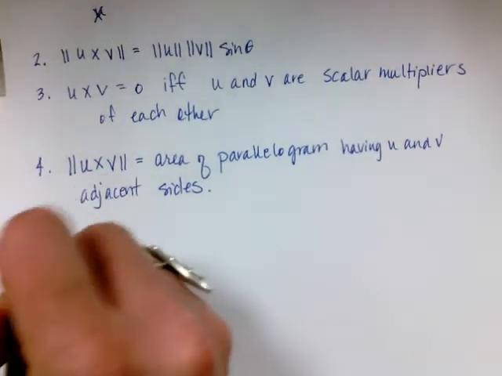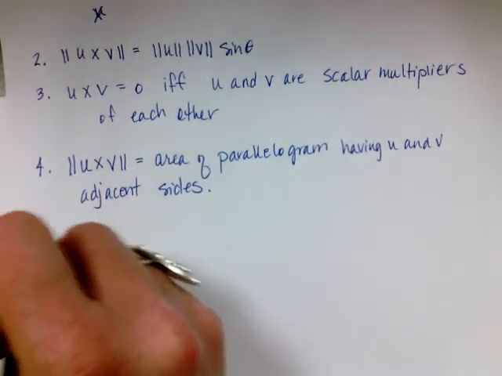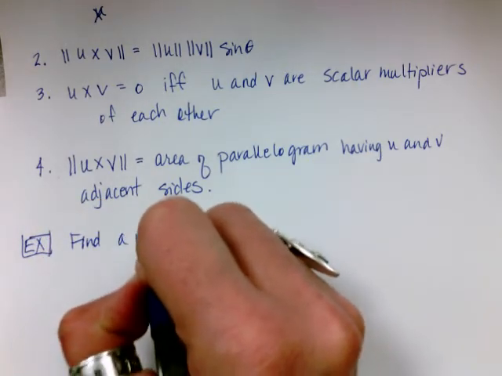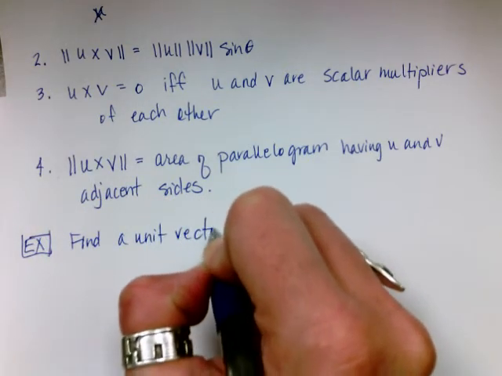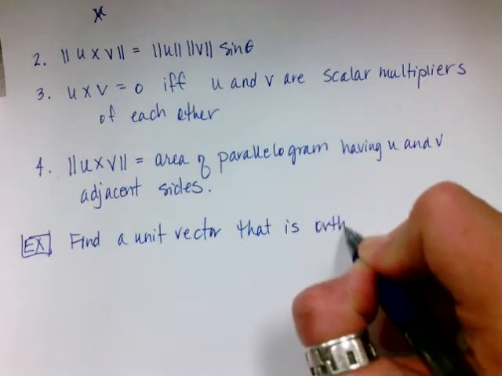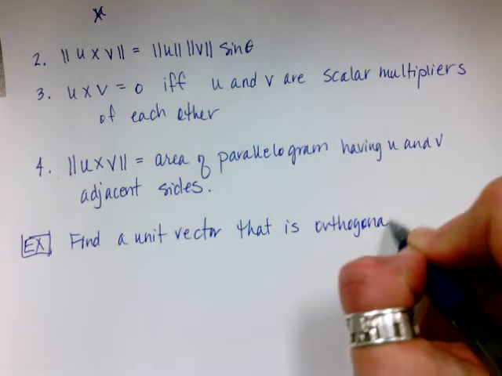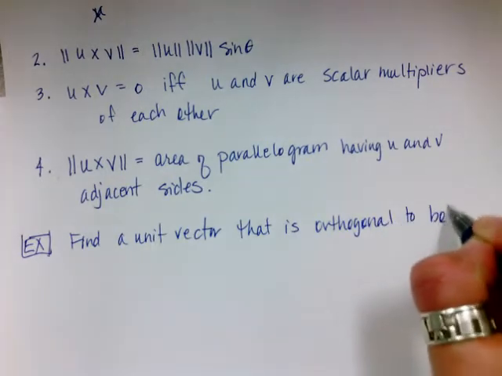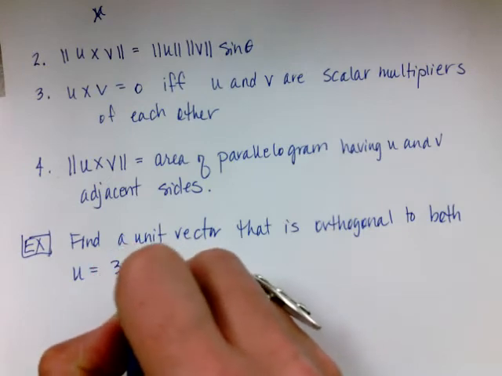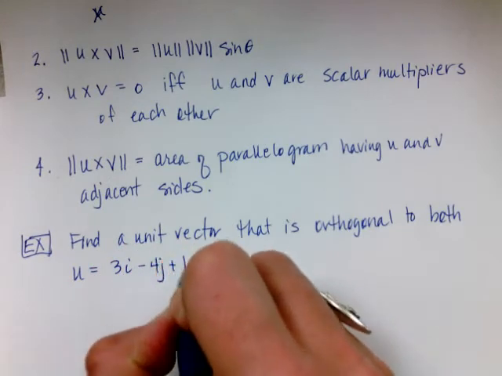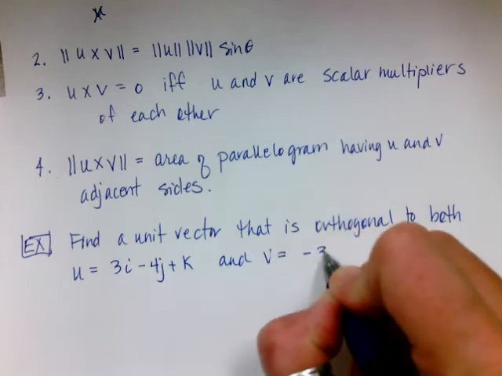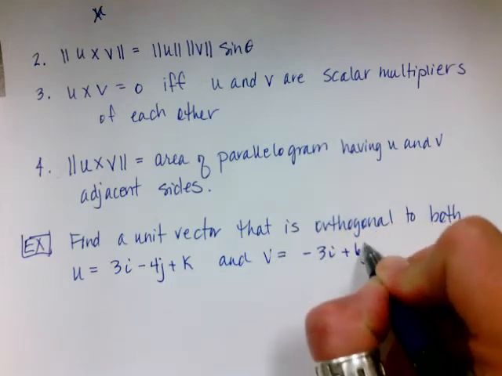All right, next example says find a unit vector that is orthogonal to both u equals 3i minus 4j plus k and v equals negative 3i plus 6j.